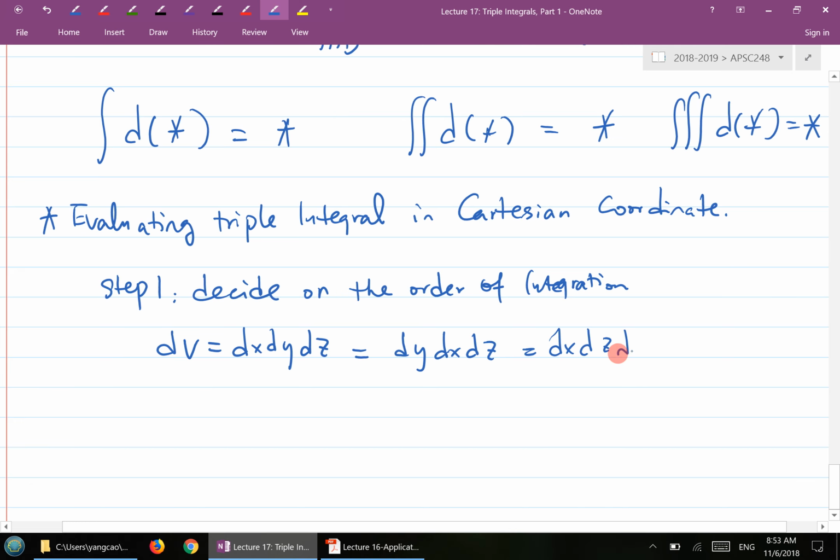How many combinations do we have? You're in probability now, right? Total sample: 6. So you have so many choices, just pick one. But typically maybe this one will work. So sometimes, as I said, in Cartesian coordinates, a lot of the time it doesn't matter which order you pick. But in a very extreme case, the order may matter.